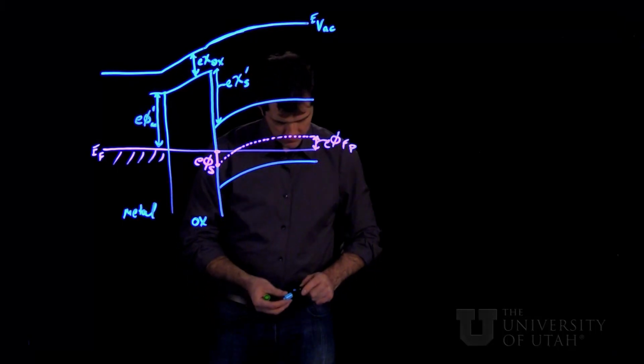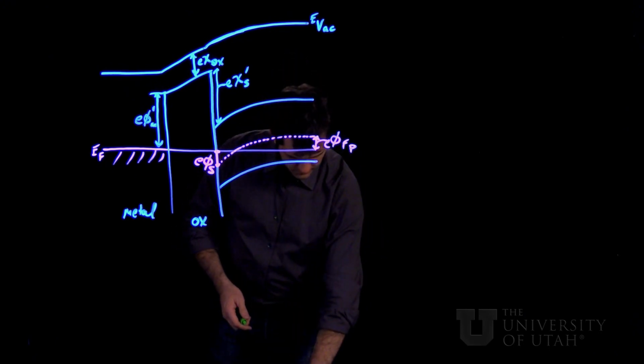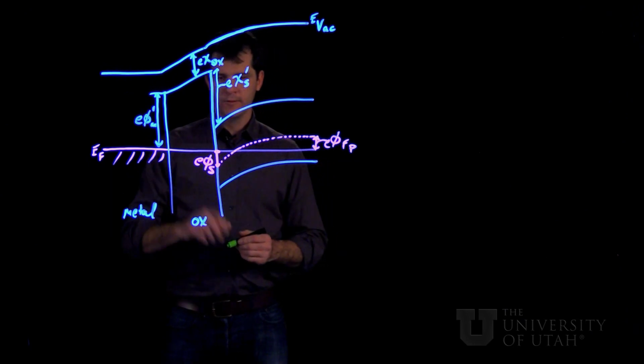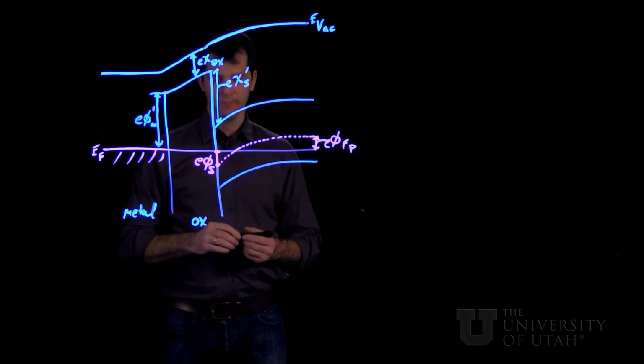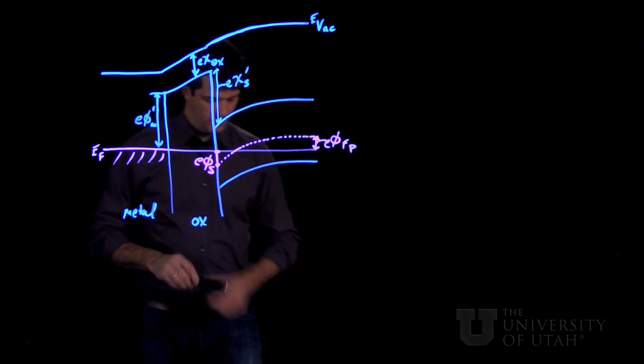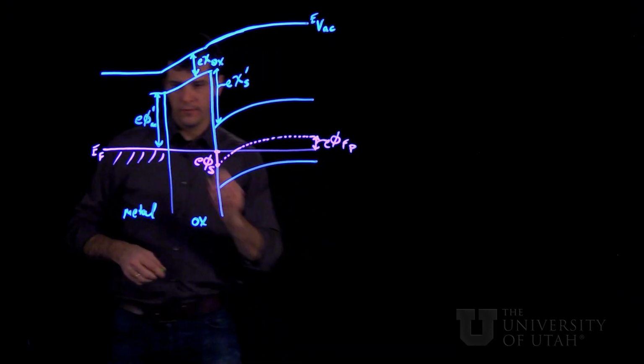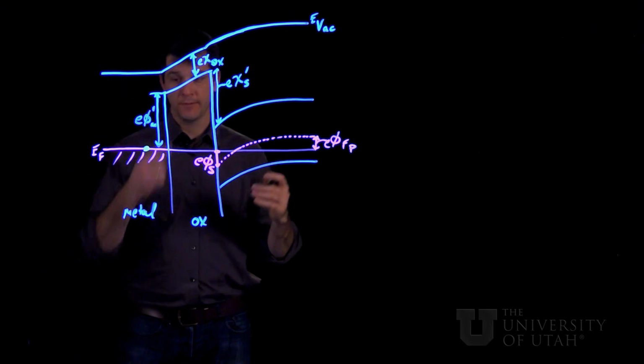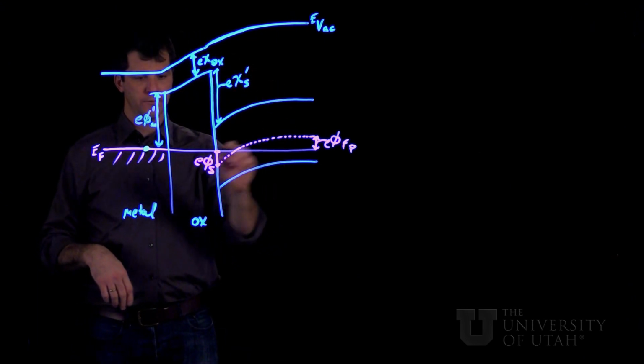So now we want to come up with an equation for the surface potential in terms of all these given values. So we're going to start over here at the metal, and we're going to write out an equation that has to sum to 0 because we're going to go around a closed loop and come back.